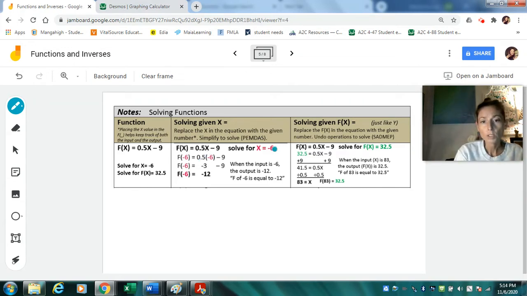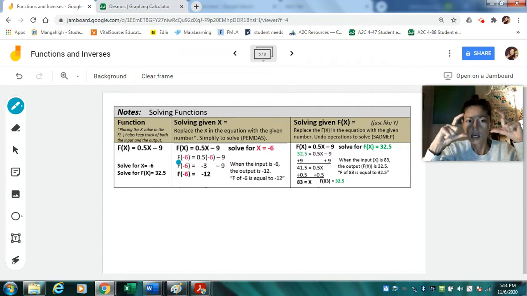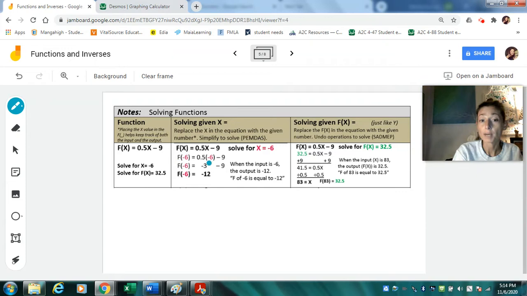So what you would do, if I wanted to solve for x equals -6, I'm putting in that -6 into this part here as x, but I'm not solving anything over there. That's like telling me you're plugging in -6 into this function. It's like a title. It's not a math part. Over here is our math part where we're plugging in -6 and we're simplifying.